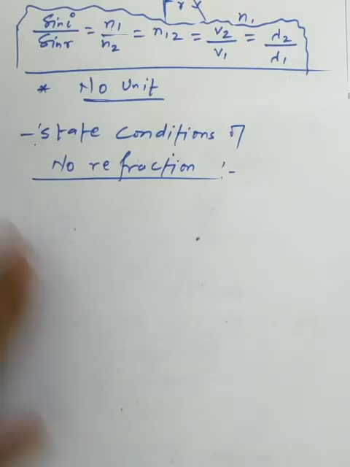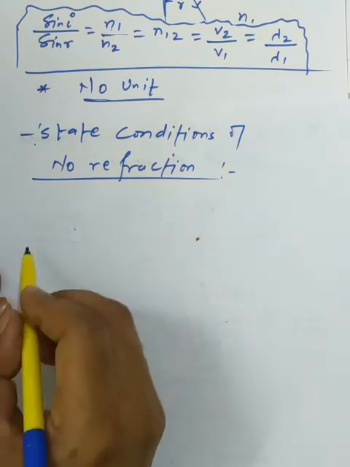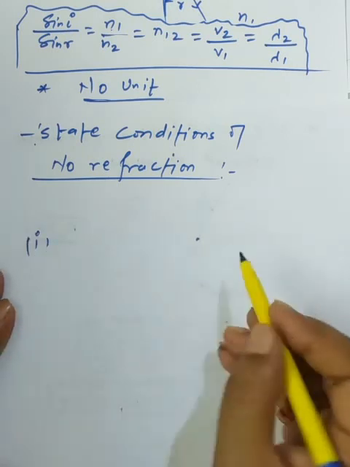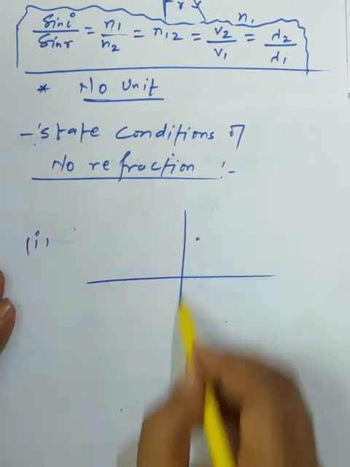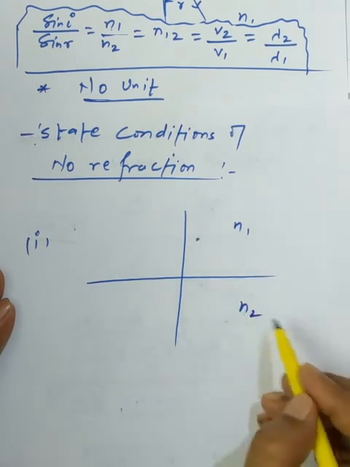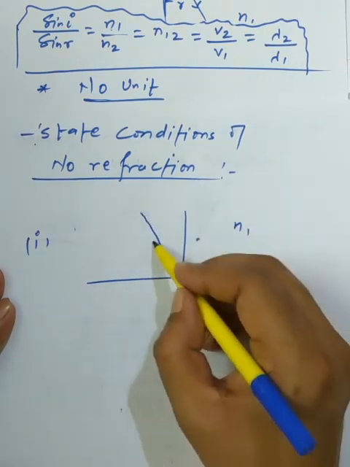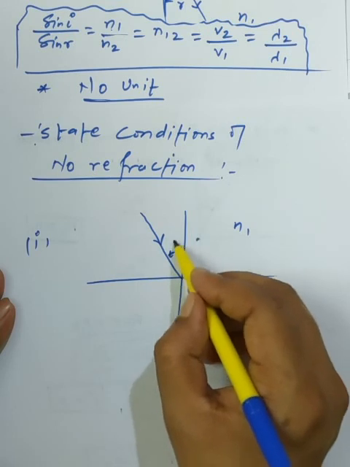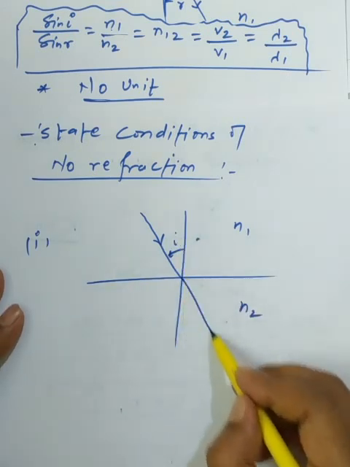Now I am also including the conditions of no refraction. What are the conditions in which no refraction takes place? The first condition: if both the media have the same refractive index, suppose this one is n1 and this one is n2, and the ray is incident on the surface at angle i.